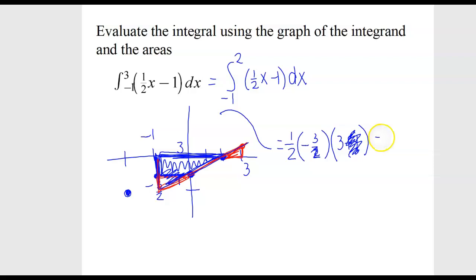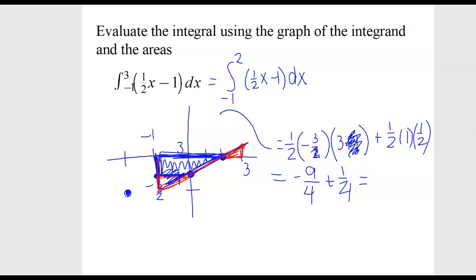And then we're going to add to it my little red triangle. So I have a base of 1 and a height of 1/2. Okay? So -3/2 times 1/2 times 3 gives you a -9/4. 1/2 times 1/2 is 1/4.